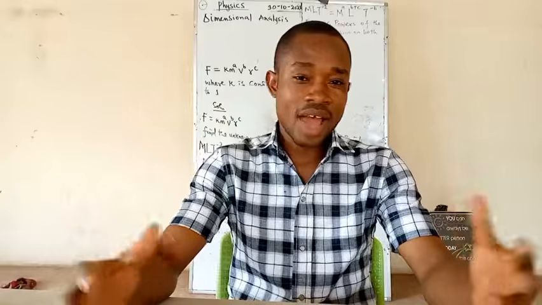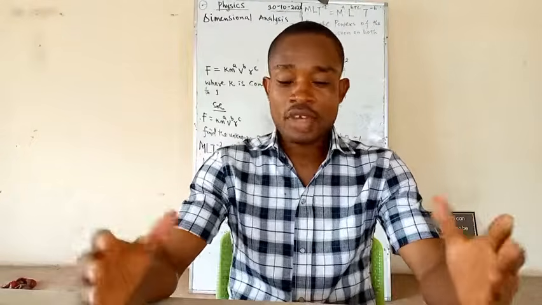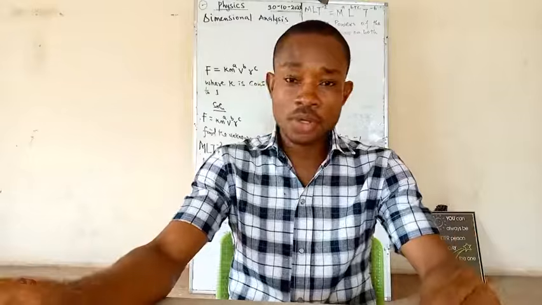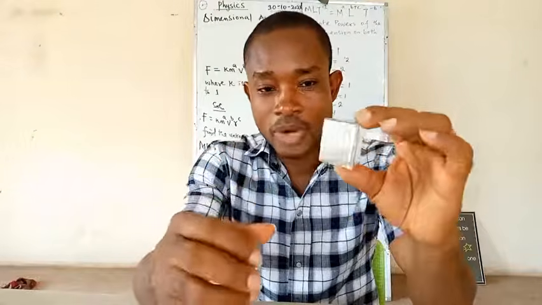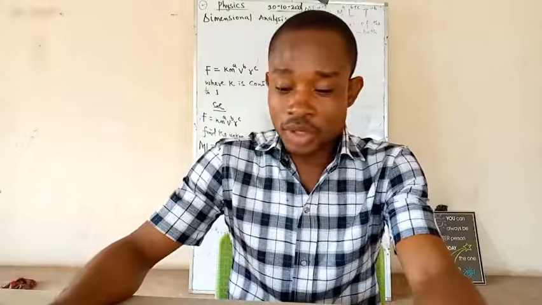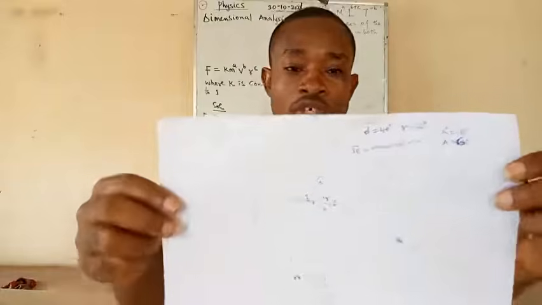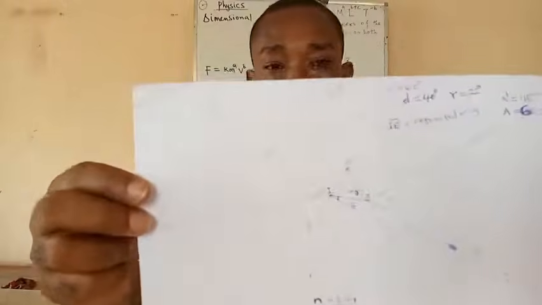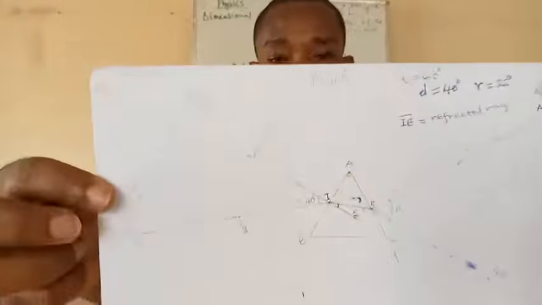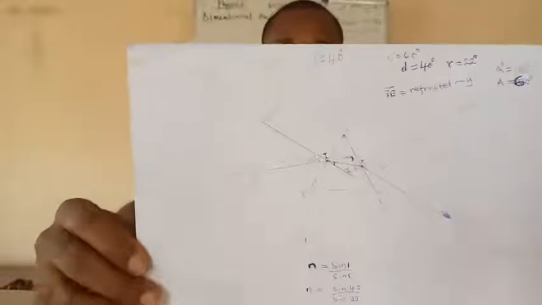Alright guys, I hope you enjoyed this experimental demonstration of refraction of light through a triangular prism. I've been able to demonstrate this experiment for you and of course shown you how to measure all the necessary angles. You can take a look. Good.